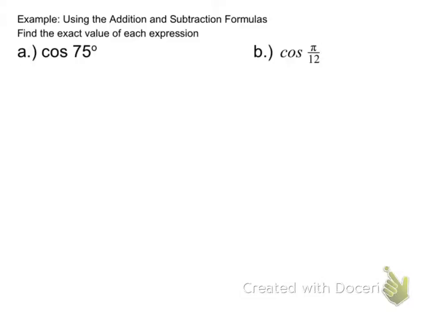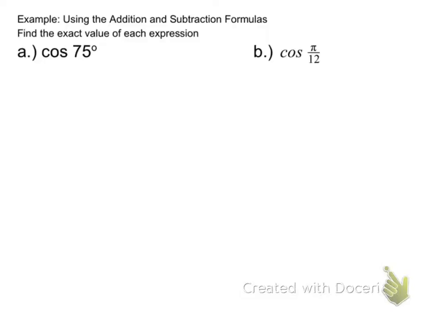How we're going to do this first is we're going to start with angles that are not on our unit circle. Hey, wait a minute, 75 degrees? Can I make that up of angles I do know? And the answer is, in this case, yes.